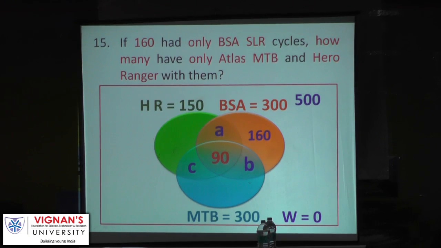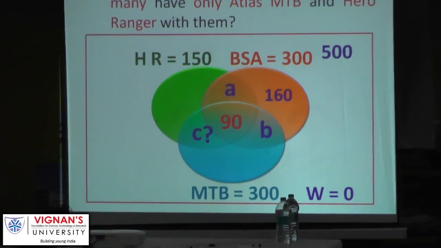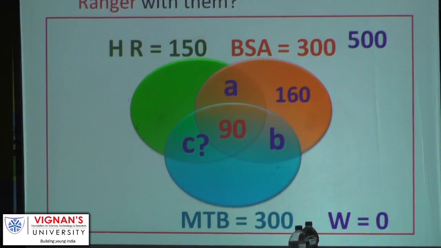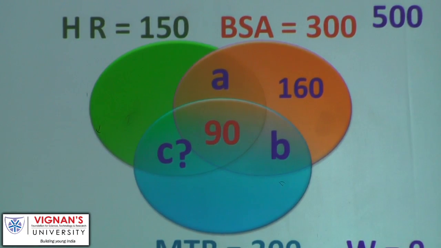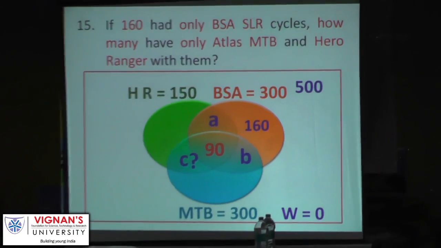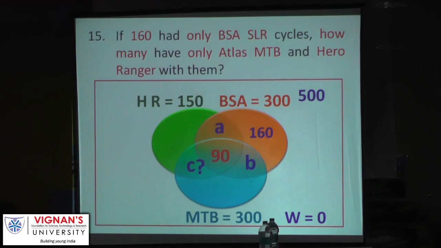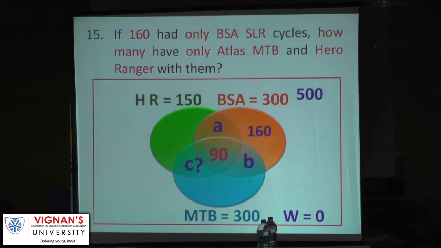That is 160. What is this? How to find out? You give me an idea. We can find out A plus B. 300 minus 160 minus 90 will give you A plus B, because the entire circle is 300.